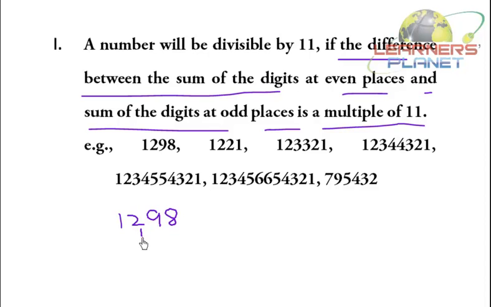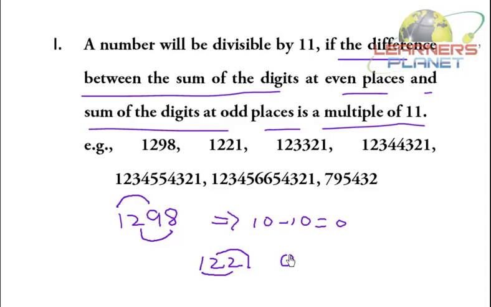In this method, 2 plus 8 is 10, and 9 plus 1 is 10. 10 minus 10 is 0. So the number 1298 will be divisible by 11. Similarly, in this case, 1221, it's 2 plus 1 is 3, it's 2 plus 1 is 3. So we are getting the mutual difference as 0. So the number 1221 will also be divisible by 11.